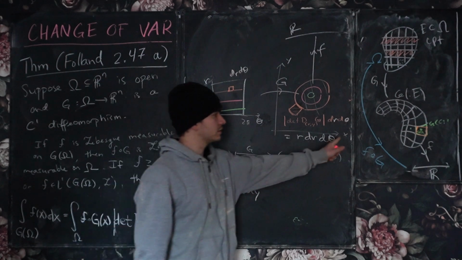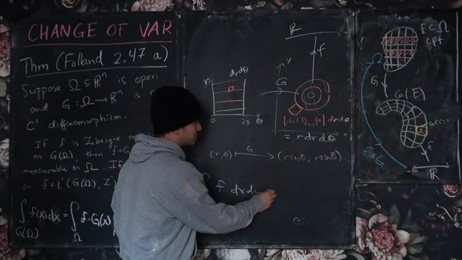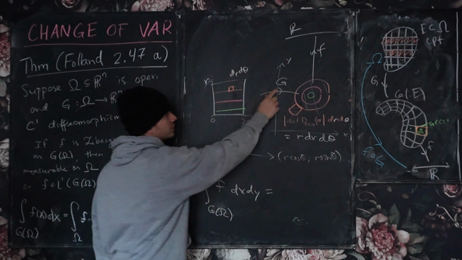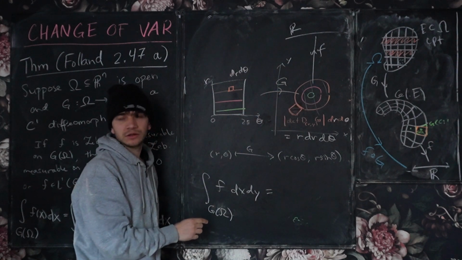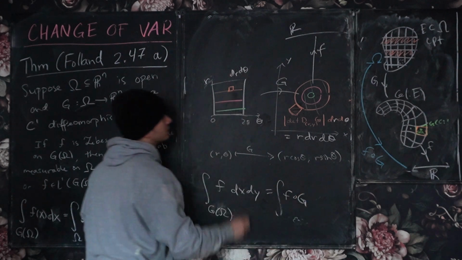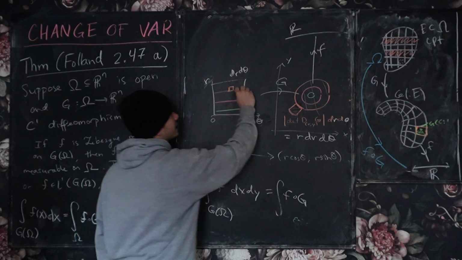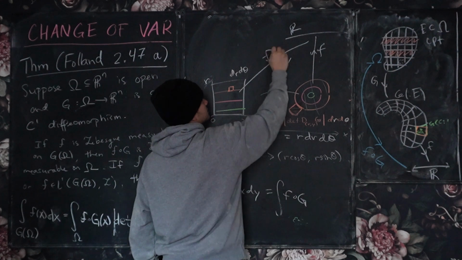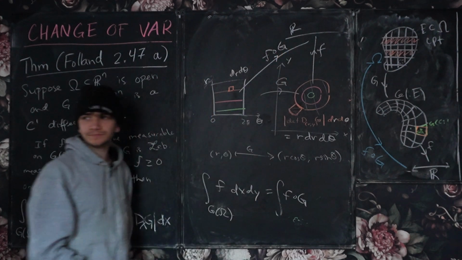Then I can pull this back under the change of variables G. When I pull back the function f, I get f composed with G, which is a map from this plane into the real line. This is called the pullback.